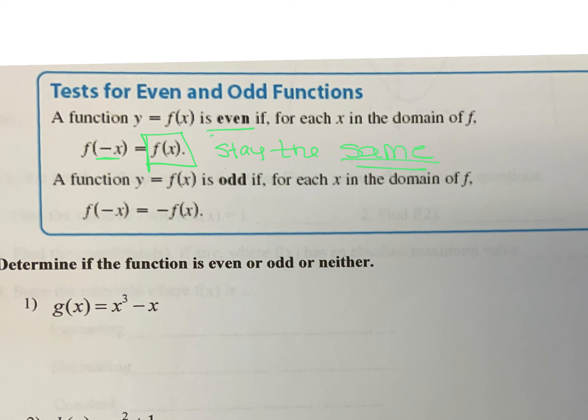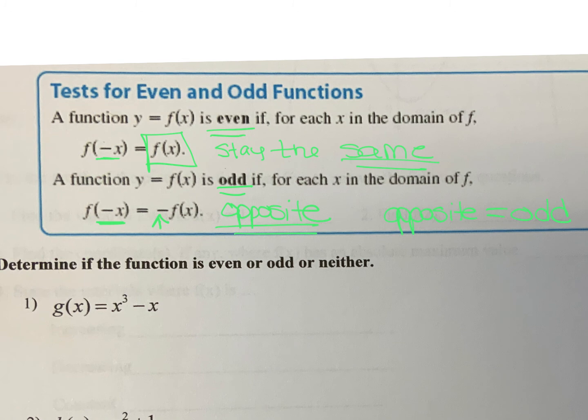Same means I'm going to be what's called even. If I plug in that negative x like I do to check for y-axis symmetry and everything is opposite, see that negative in front? That means everything is going to have the opposite sign, everything. Opposite means odd. So that's how I remember it. Opposite means I'm called odd.